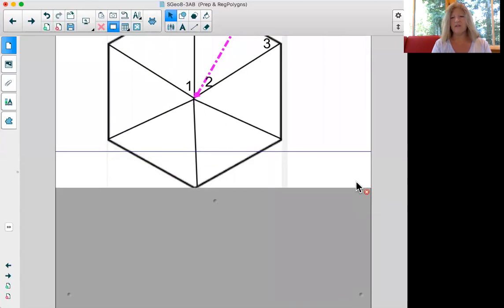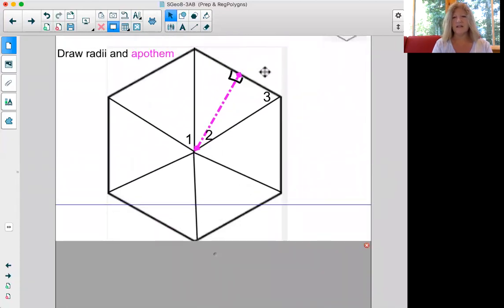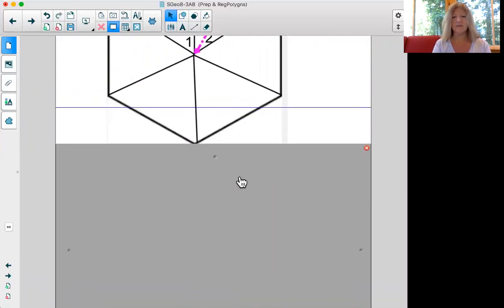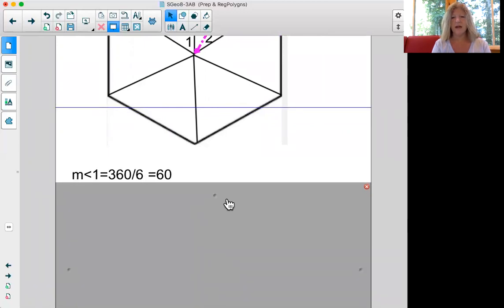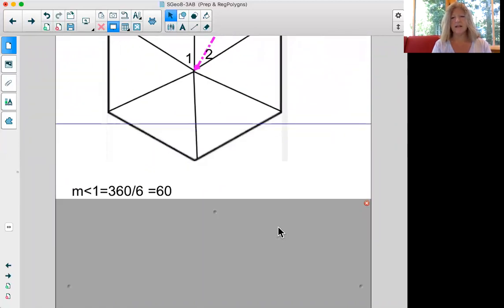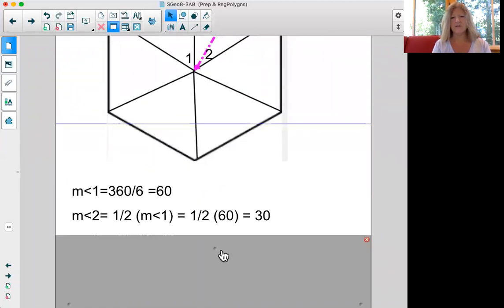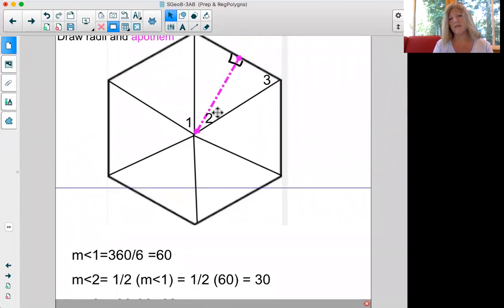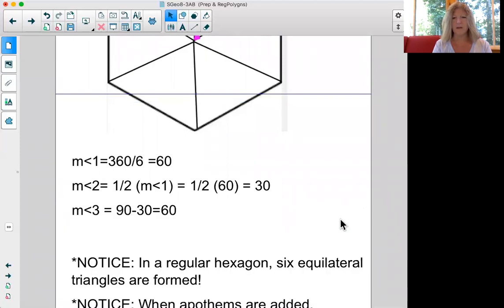And then you can start finding your central angles. Since in this case, a hexagon has 6 sides, there are 6 central angles. So 360 divided by 6 will give you the measurement of angle 1. And then when we drop the apothem, this angle gets bisected. And so measurement of angle 2 is 30. And then we know that angle 2 and 3 are complementary. And so we can find the complement.